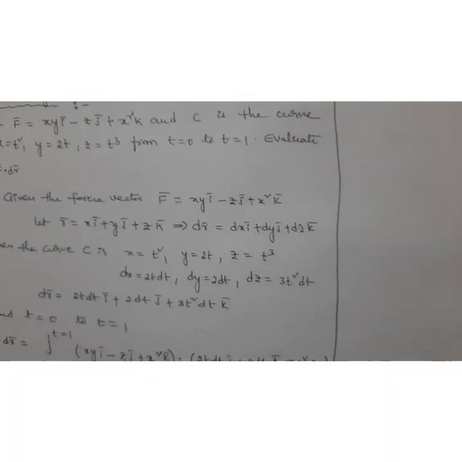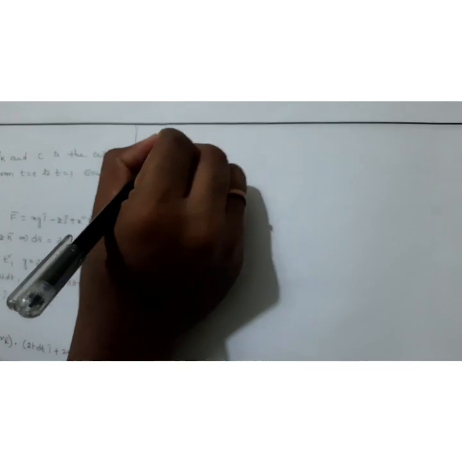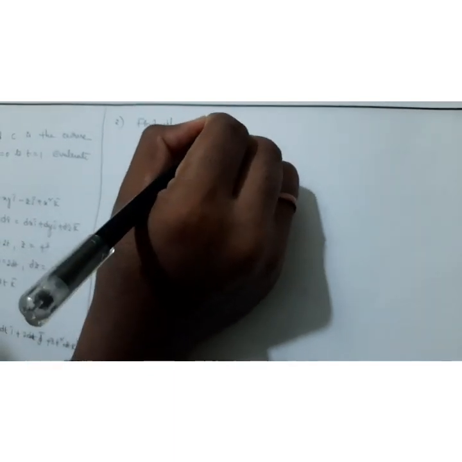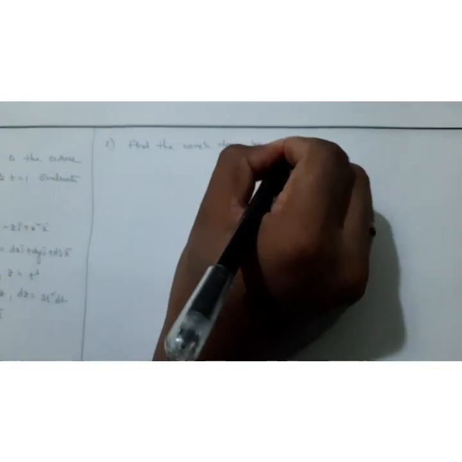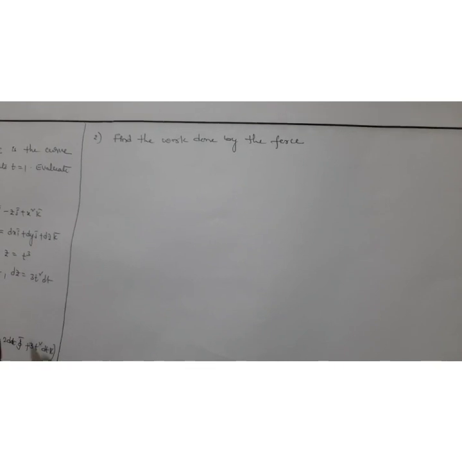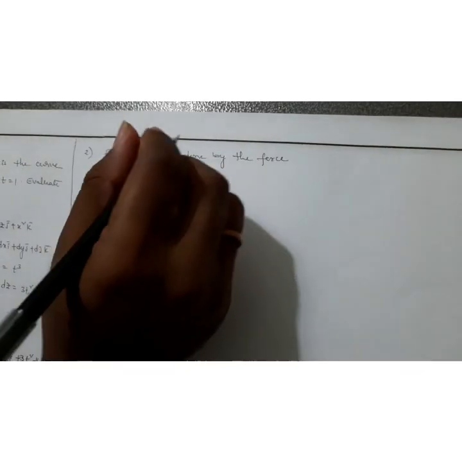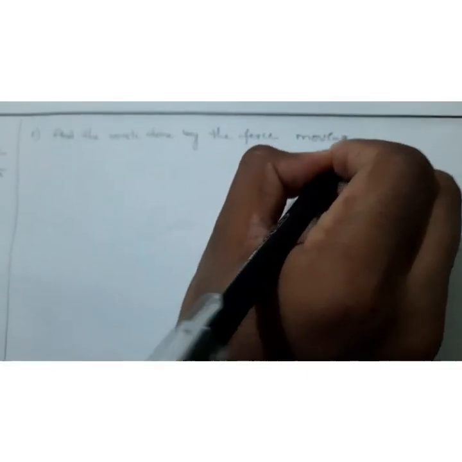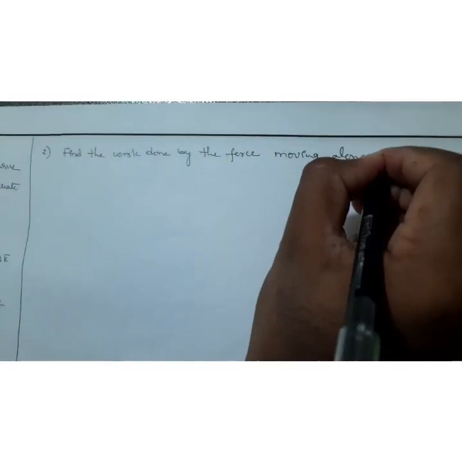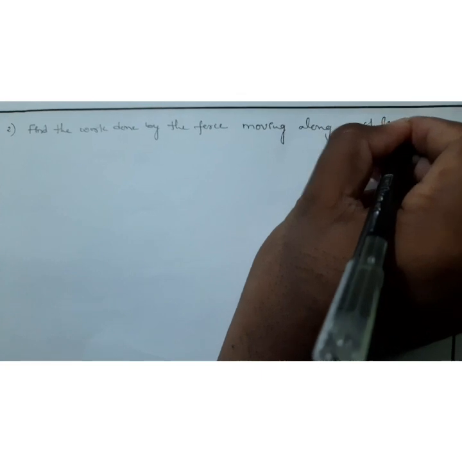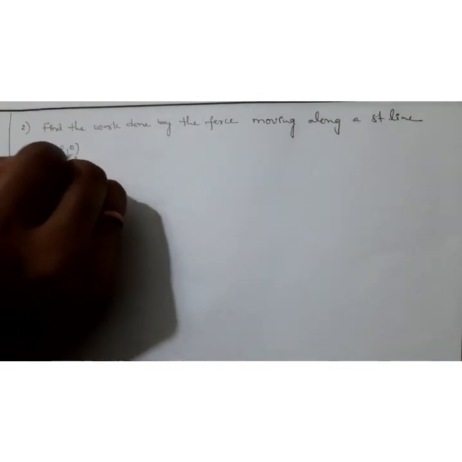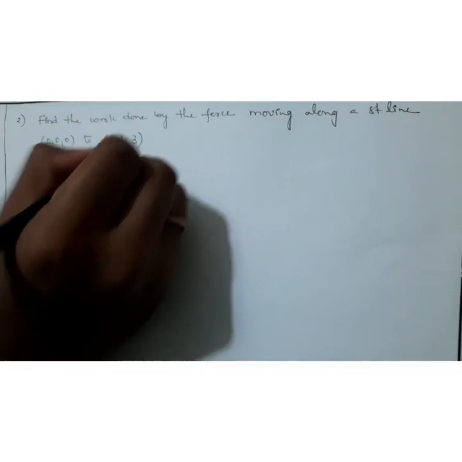Next, the second problem, another model: find the work done by the force moving a particle along a straight line from 0, 0, 0 to 2, 1, 3.